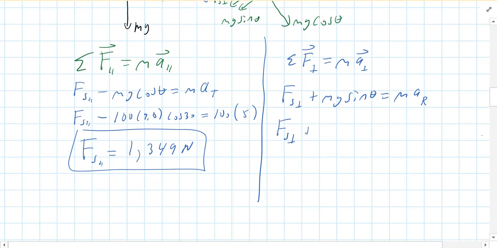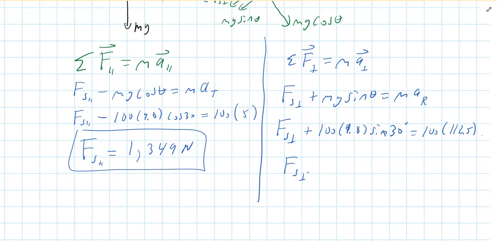So we've got it. F seat perpendicular plus m, which is 100, g is 9.8, sine of our 30 degrees, equals m, which is 100 times 112.5. And if you solve for F seat perpendicular, you get a darn big number. You get 10,760 newtons, which is about 11 times her weight.